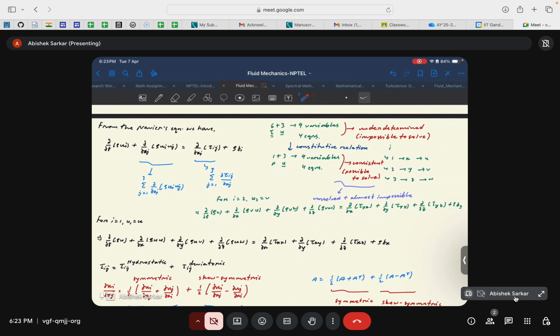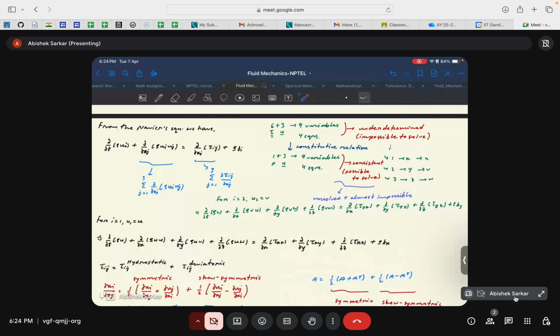Since it's symmetric, rather than having 9 independent components, it has 6 components. Then for velocities, since the equation also has velocities in it, there are 3 velocity components, considering we are solving for a 3D velocity field. In total, considering pressure to be embedded in the stress tensor, we have a total of 9 variables.